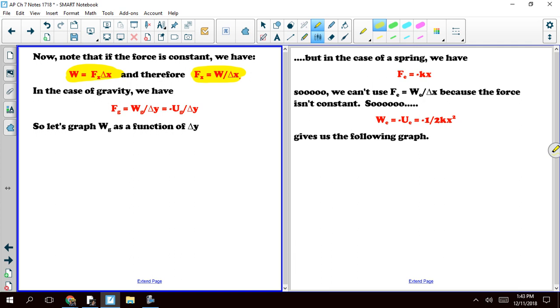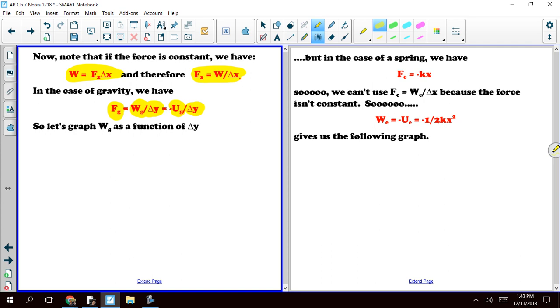If the force is constant, right? So in the case of gravity, the force exerted by gravity should equal the work done by gravity divided by the vertical displacement. That's the same as, remember, work done by a conservative force is equal to the opposite of the change in potential energy divided by delta y, right?